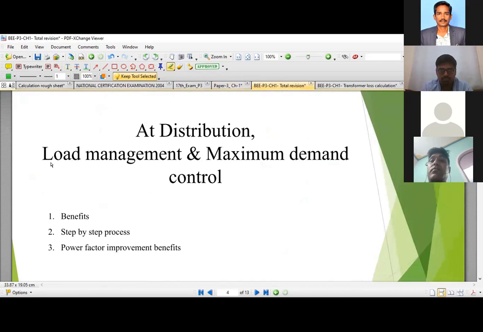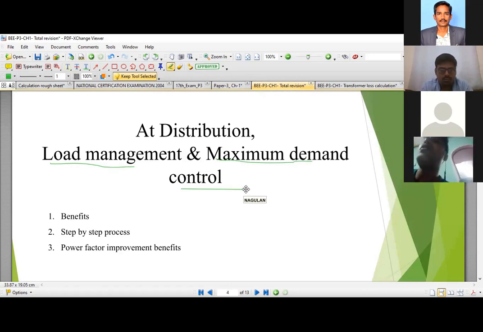Next, load management, maximum demand control. What is load management and maximum demand control? What is the benefit of load management?